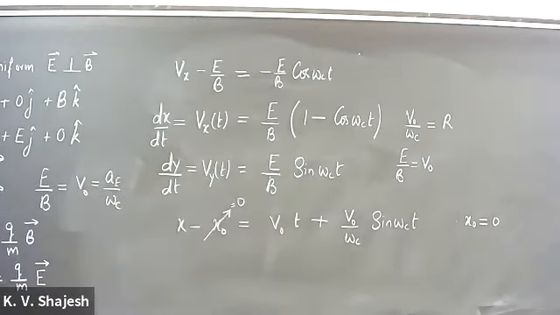Do the same thing for the y direction position, so that's y minus y naught is equal to, when we integrate sine, that's a minus contribution that comes in, v naught over omega c times cosine omega c t.